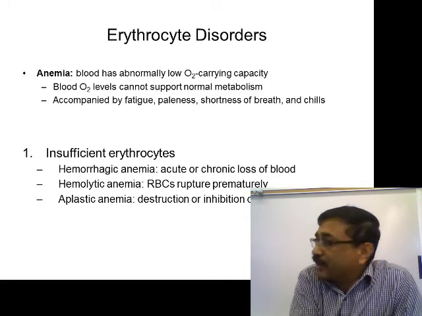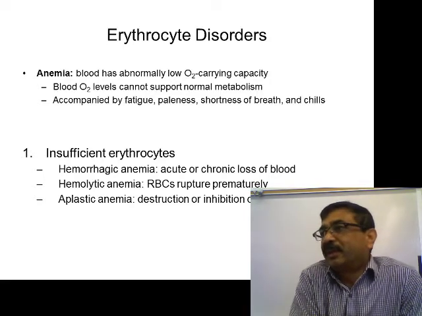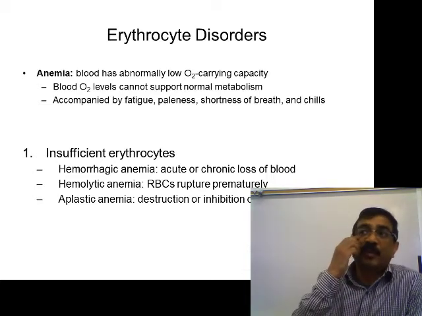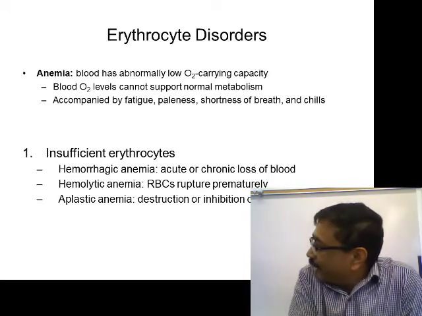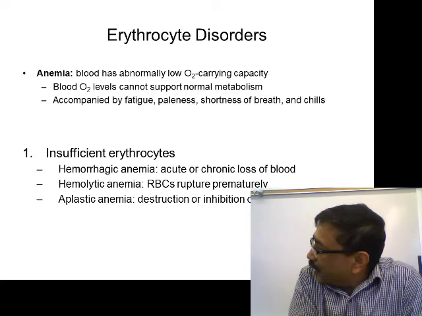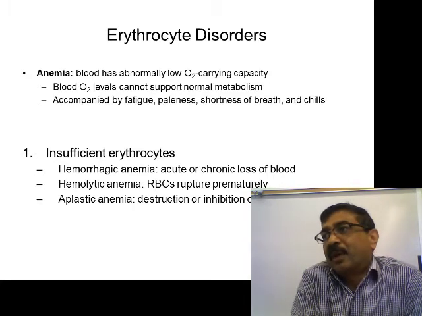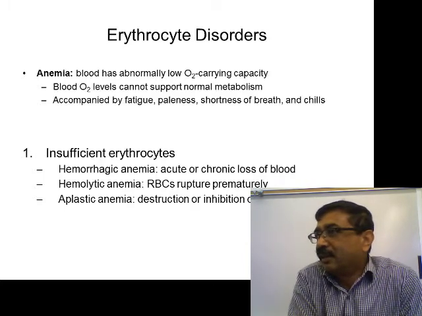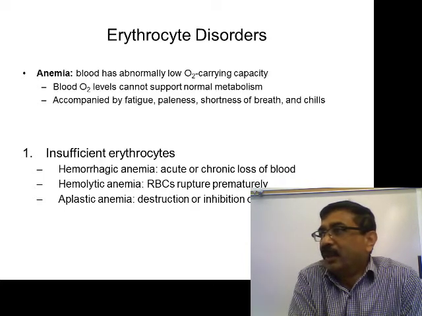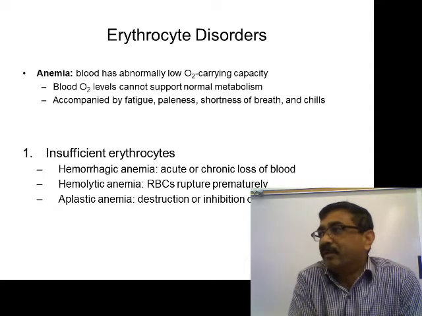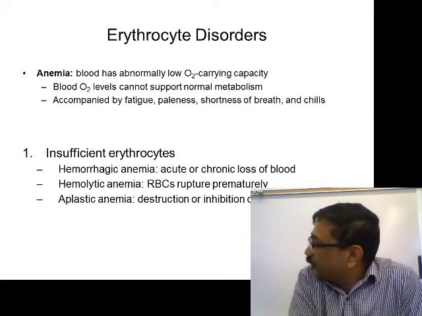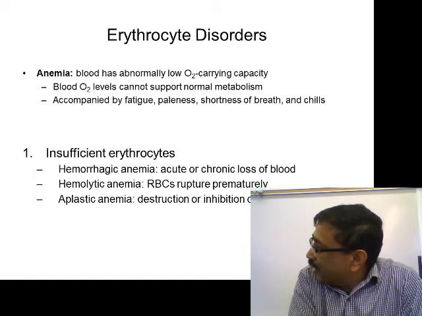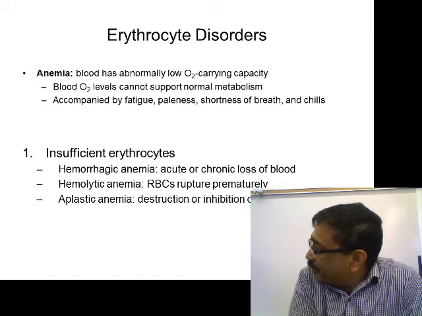So the skin of the patient, or particularly the mucous membrane, will look pale. Shortness of breath, since the person's body is getting less oxygen, the person will be hungry for air. Shortness of breath and chills. So those are the symptoms of anemia.